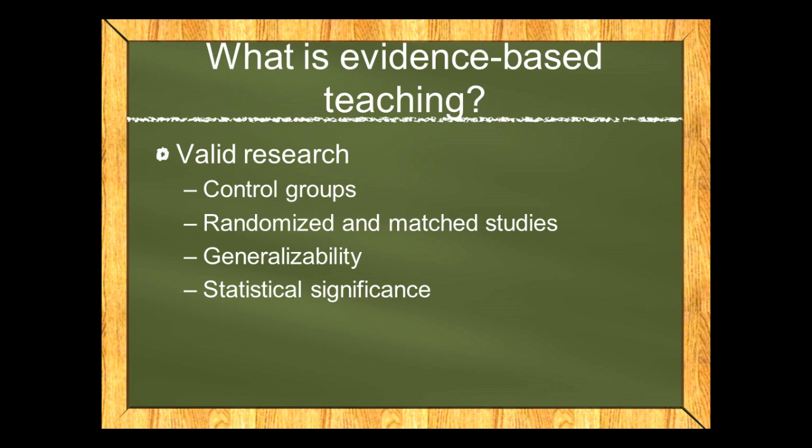We have a huge body of research called qualitative research in education, and in all social science fields. Qualitative research does not meet this set of criteria. Therefore, it is excluded from the conversation about what constitutes research-based or evidence-based teaching.